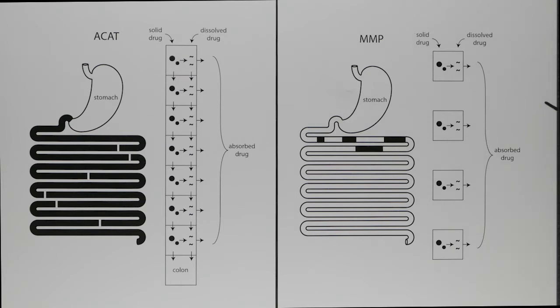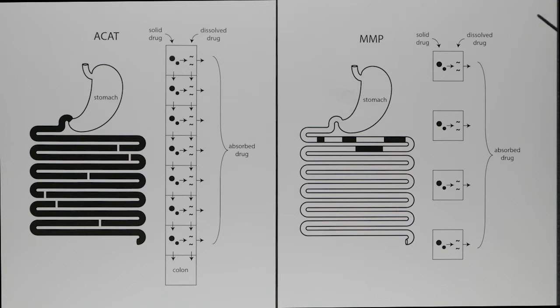So you might imagine that in the fasted state, these plugs will be larger in size and there'll be fewer of them because with each contraction, a fairly large amount of fluid is expelled. In comparison, in the fed state, there'll be more plugs and they'll be smaller in volume because of the constriction of the pyloric sphincter. And it'll take more contractions to empty the stomach.